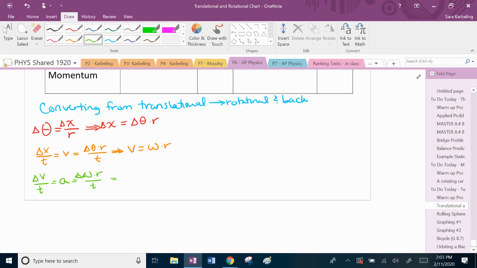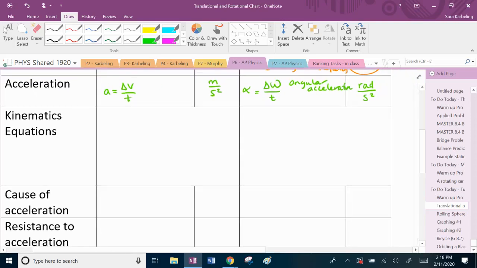Angular acceleration, what letter is that? What do we call it? Alpha is what we call it, absolutely. So we can say that a is, oops, not proportional to, is equal to alpha times r. So if you're going to circle something, remember something, this is the thing to remember. Woo! We got 2 more boxes to fill in.